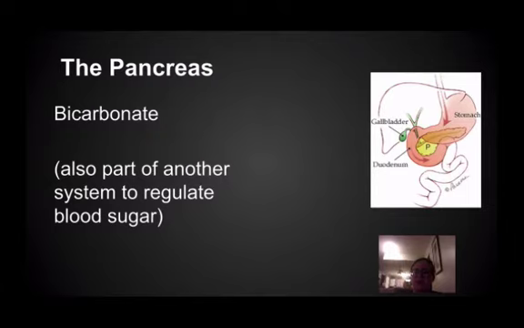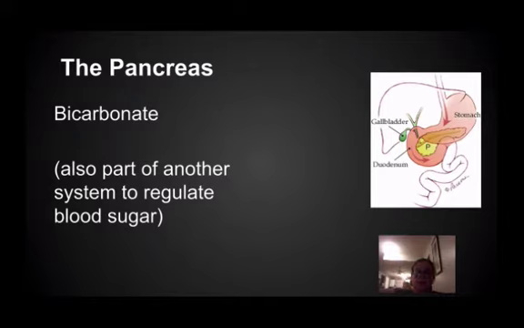One thing that is connected to the small intestine is the pancreas. Okay, so we have the stomach releasing very acidic chyme into the small intestine very slowly, and the pancreas is also releasing some chemical called bicarbonate. This bicarbonate neutralizes the acid so that we no longer have an acidic liquid.